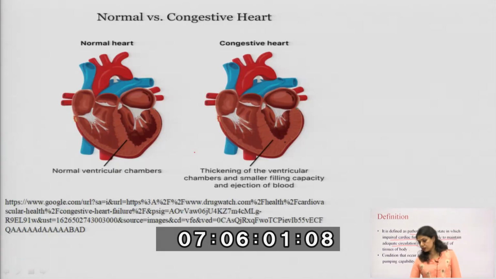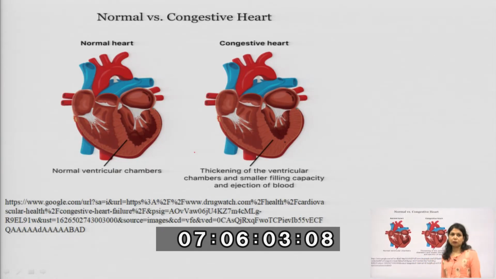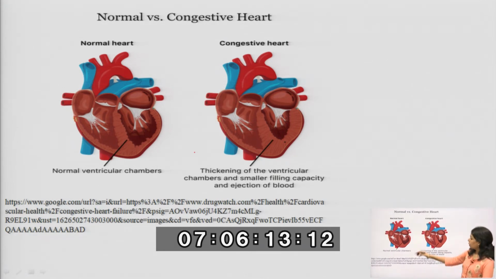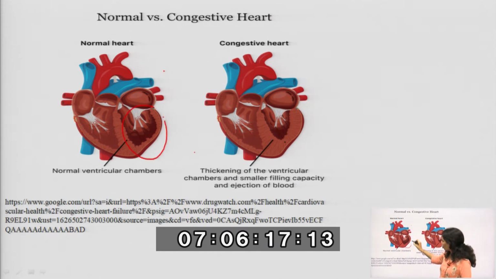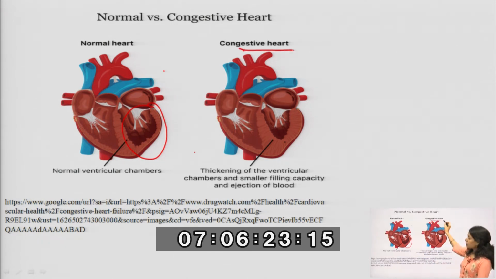Next, a little diagram is shown here to show you how the normal heart and the congestive heart anatomy differ. In the normal heart, these are the normal ventricular chambers. Whereas in the congestive heart, you see in the diagram, there is thickening of the walls.